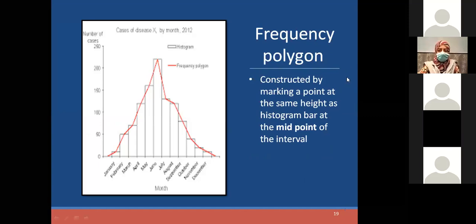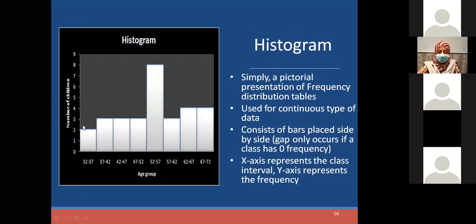Coming towards the frequency polygon, it is constructed by marking a point at the same height as the histogram bar at the midpoint of the interval. For example, in this histogram, the first point will be at the midpoint of the height of the bar for 32 to 37 years women.